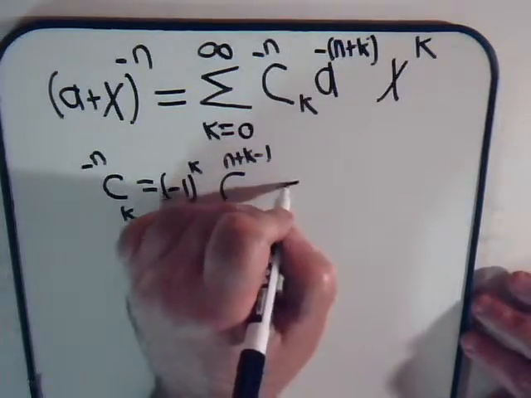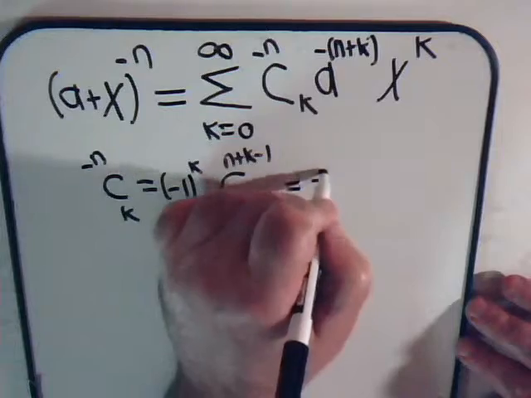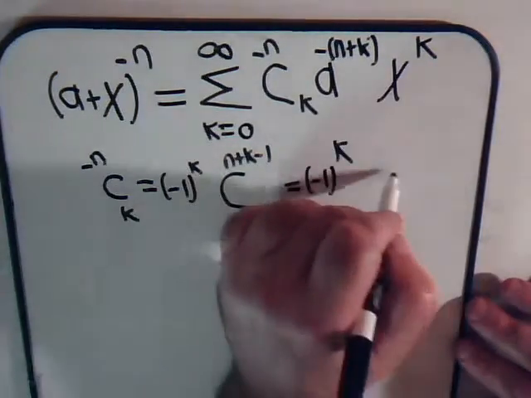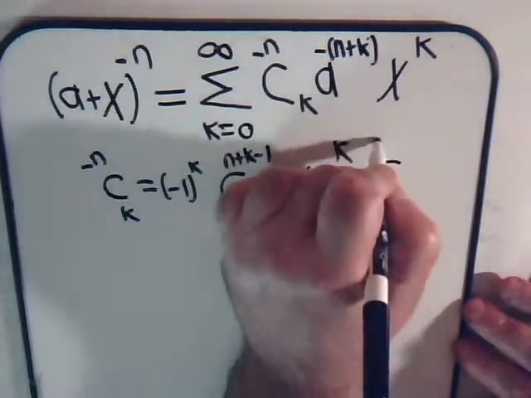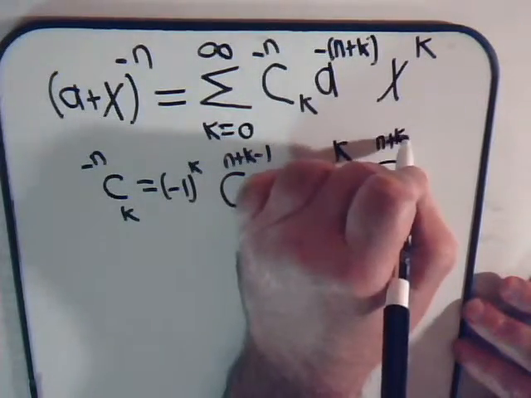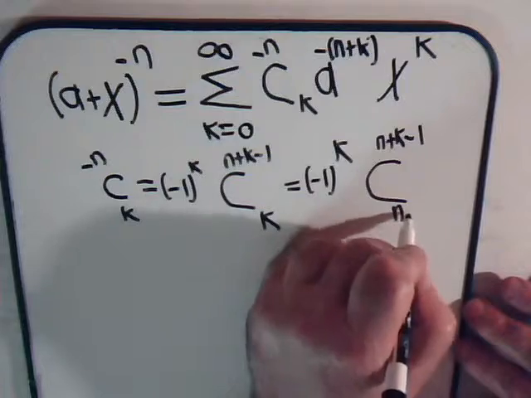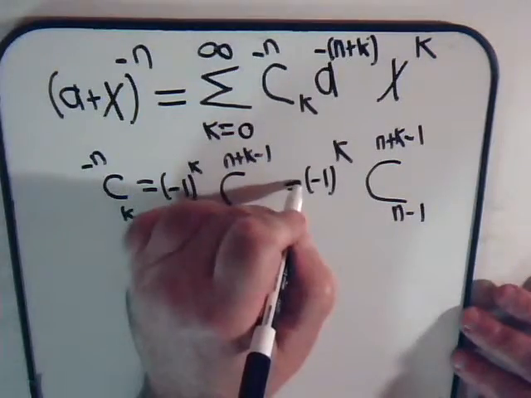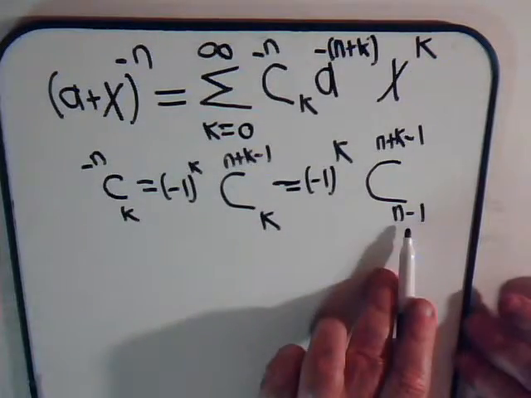And this is equal to, we have this, minus 1 to the k. But this right here is the same thing as c n plus k minus 1 over n minus 1. In our previous videos where we dealt with combinations, we've shown this to be true.